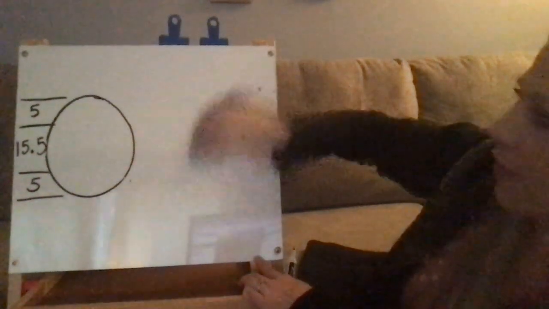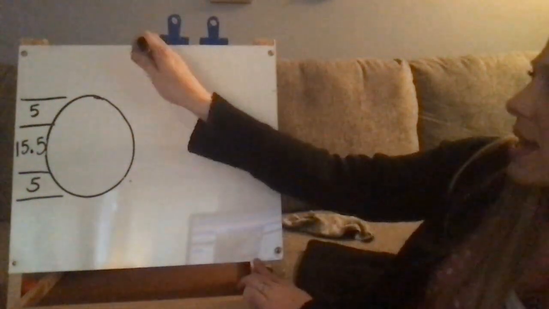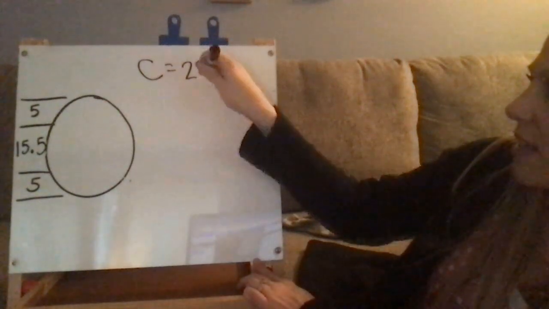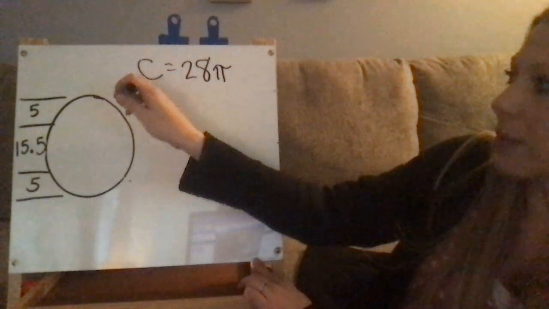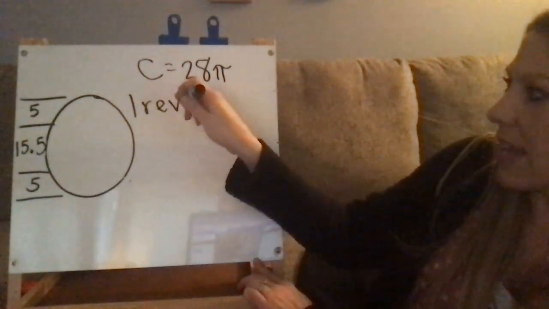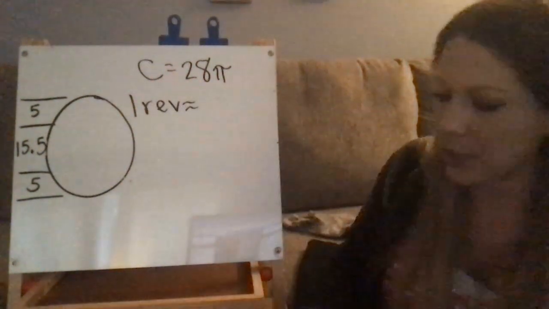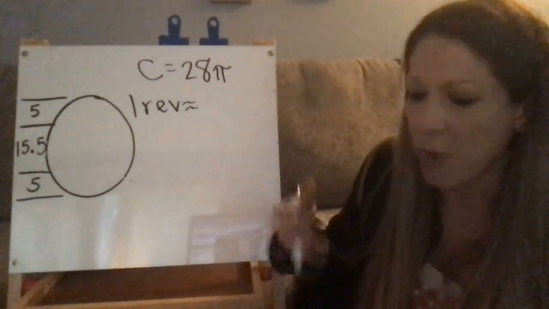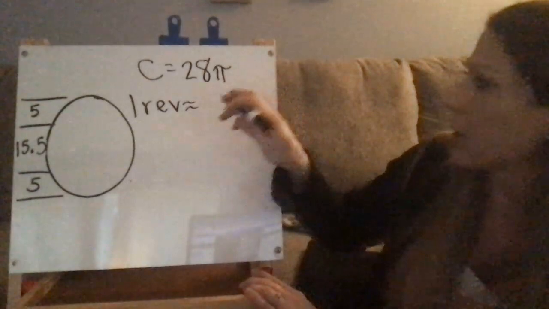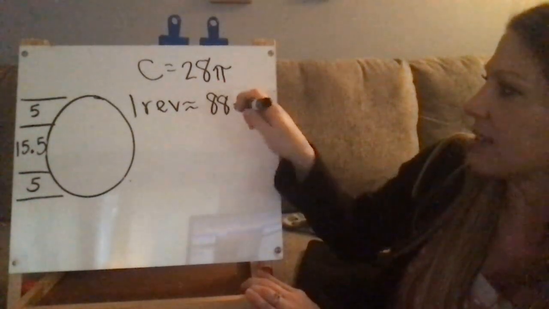So our circumference is 28 pi. Which means 1 revolution is 28 pi. Let's go ahead and calculate what that would be. 28 pi is about 88. I'm just going to go ahead and round it, 88 inches.